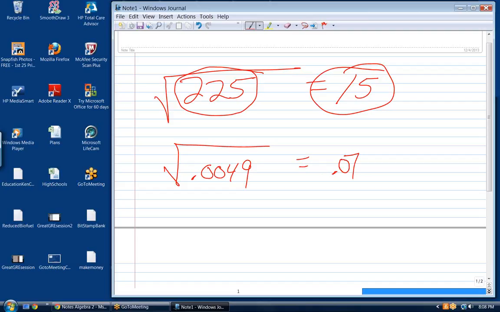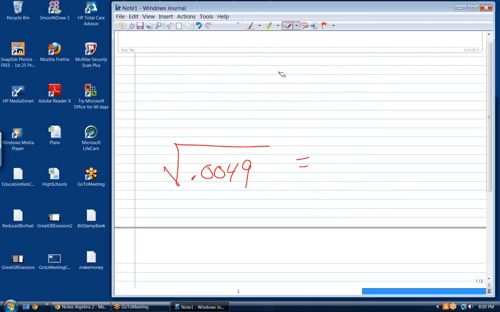In other words, it's going to be 0.0049. In other words, the way to always check is to multiply the number back by itself, and you get 49. Okay, what else you got?